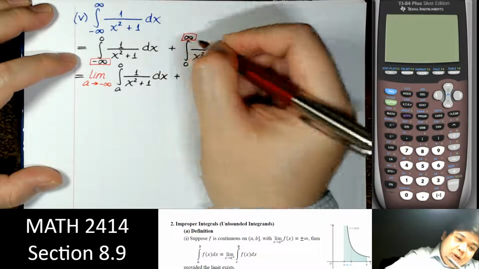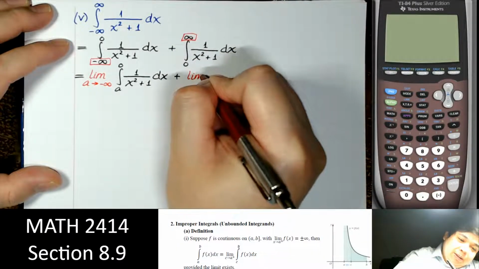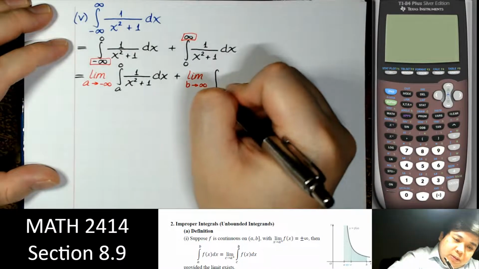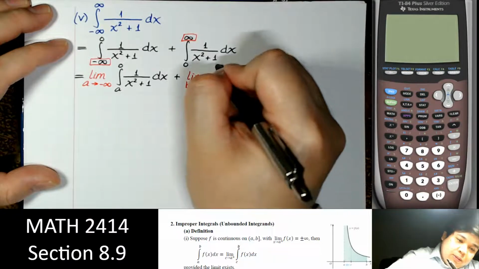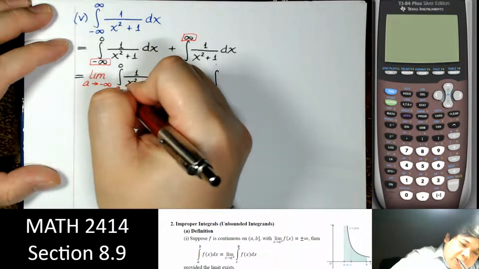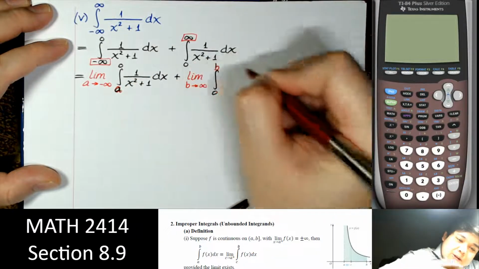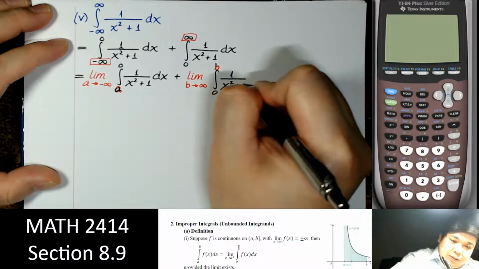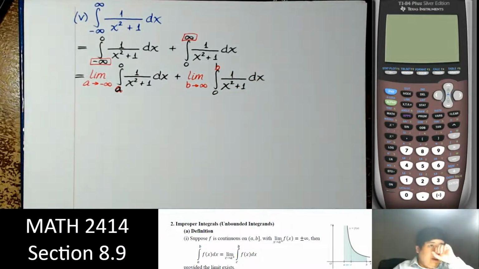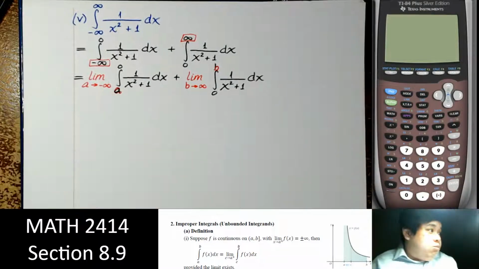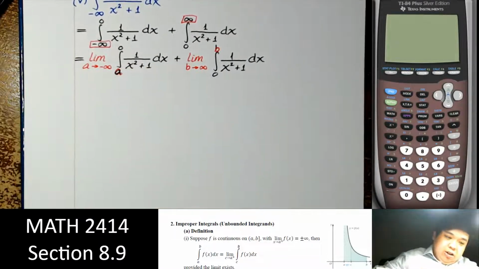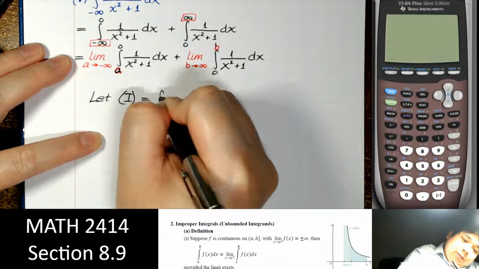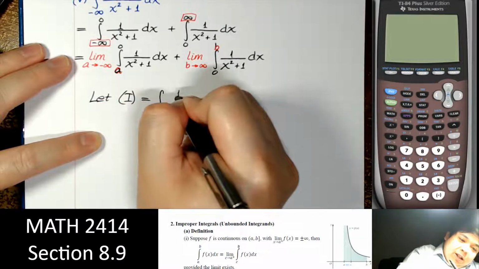And infinity is the upper limit, let that be b. Since both of those integrals are the same, let's just focus on the indefinite integral. Let's drop the limits and just integrate.